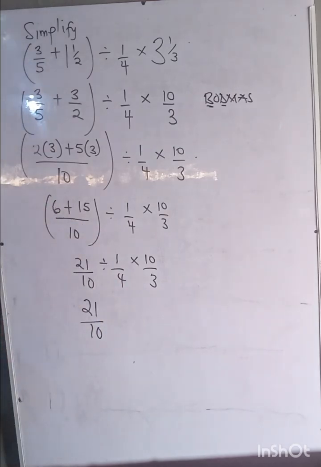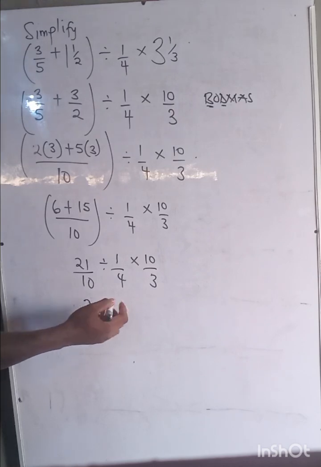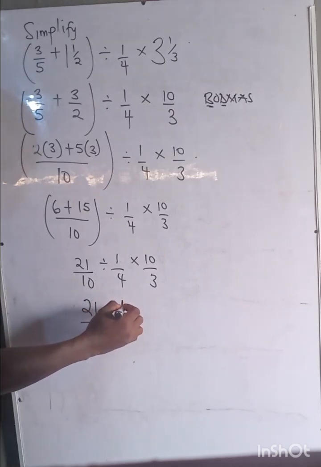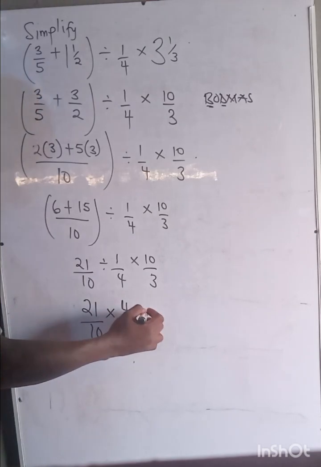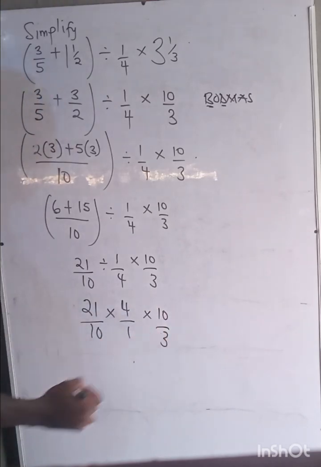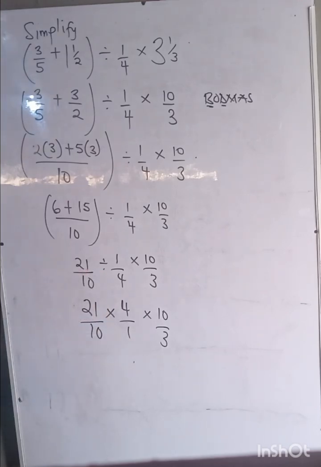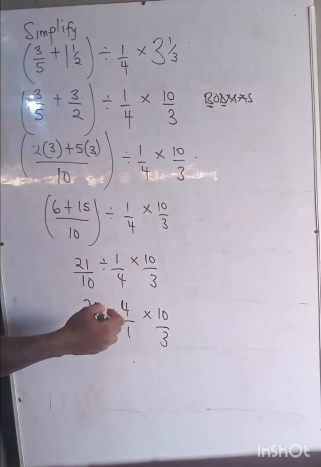Division changes to multiplication when we are looking at division of fractions, and we find the inverse of the term that is dividing. So instead of 1 out of 4, it becomes 4 out of 1, times 10 out of 3. Now there is only one operation, which is multiplication.